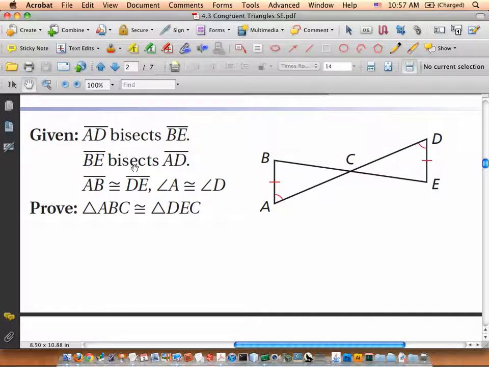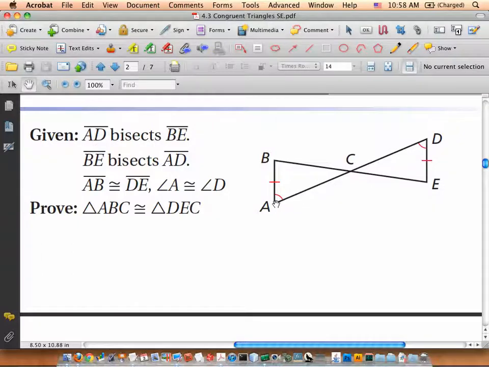BE bisects AD. So that means that C is the midpoint of segment BE, right? So BC has to be congruent to EC. So now, do we have all the corresponding sides the same? We do.